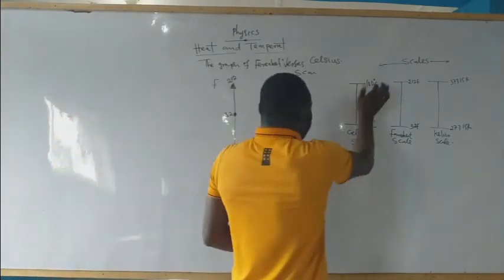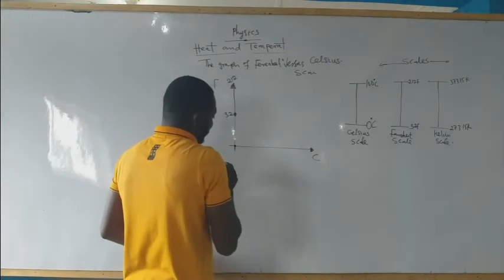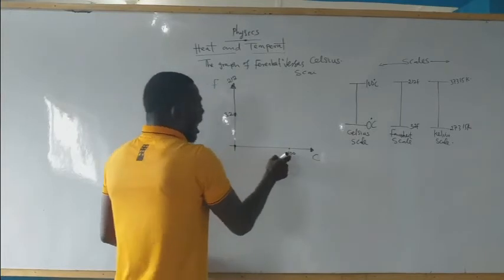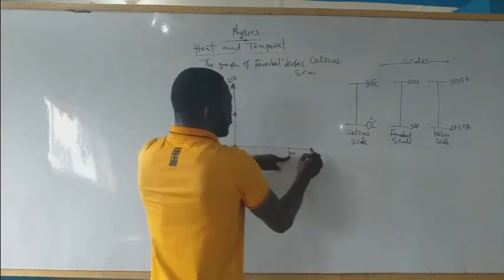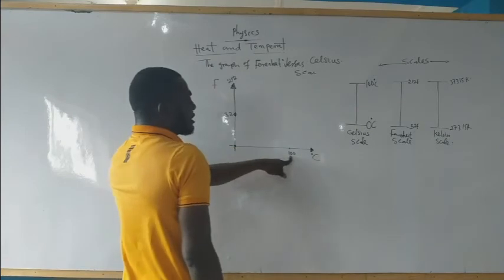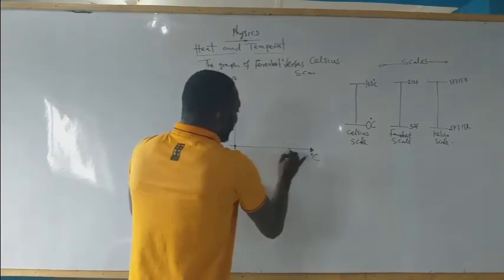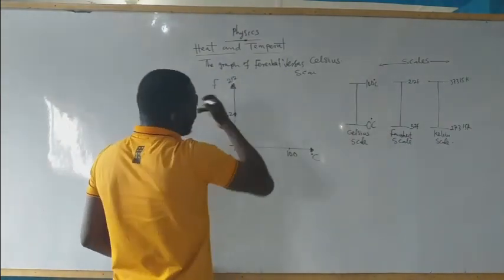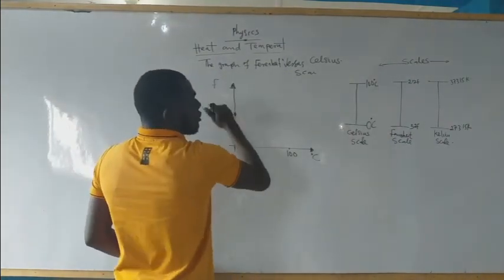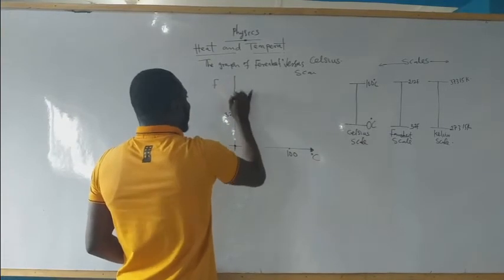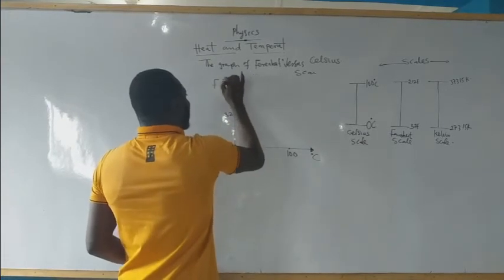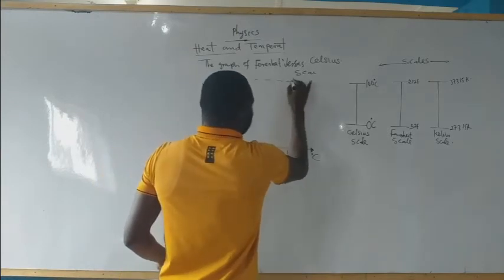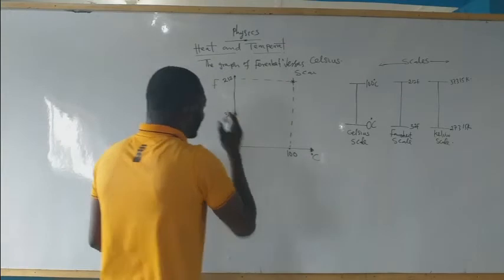Okay? At 100 degrees Celsius, let's mark this place to be 100. At 100 degrees Celsius, the reading is 212.